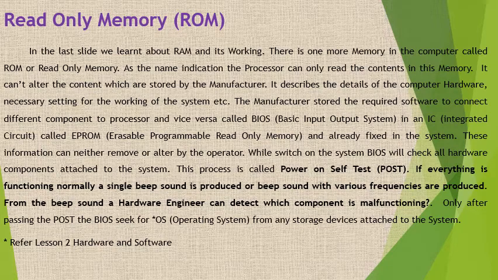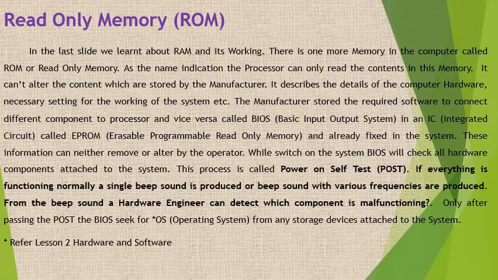It describes details of the computer hardware, necessary settings for the working of the system, etc. The manufacturer stored the required software to connect the different components to the processor and vice versa, called BIOS, Basic Input Output System, in an IC, that is integrated circuit, called EEPROM, erasable programmable read-only memory, already fixed in the system. This information can neither be removed nor altered by the operator.